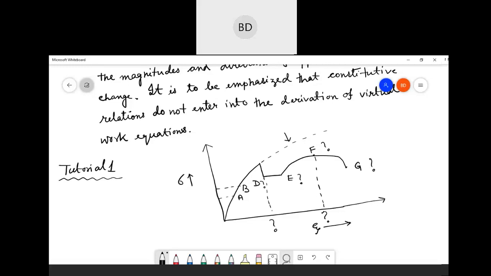Have you drawn it? Have you drawn it or not? This type of problem I may ask you. Hello? Am I audible? Nobody is responding. You're audible, sir. But nobody is responding. All of you have drawn it or not? You draw it in your copy, then I will ask you one by one the different points.